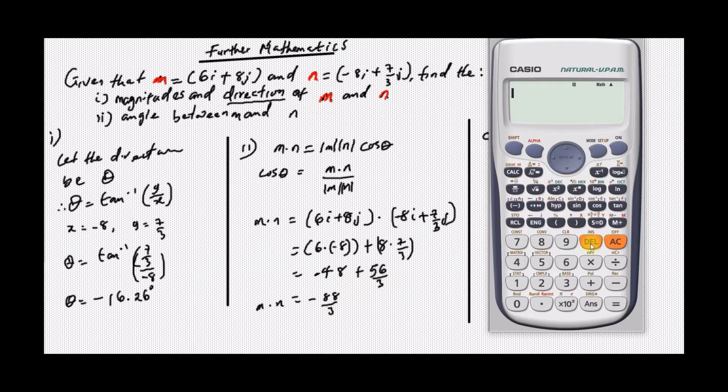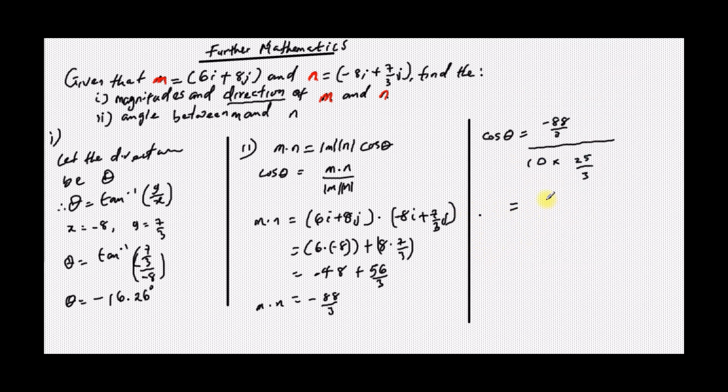So in this case, what do we need? We need 10 times 25 over 3, and that will give us 250 over 3. That is minus 88 over 3 divided by 250 over 3, which is the same thing as minus 88 over 3 times 3 over 250.